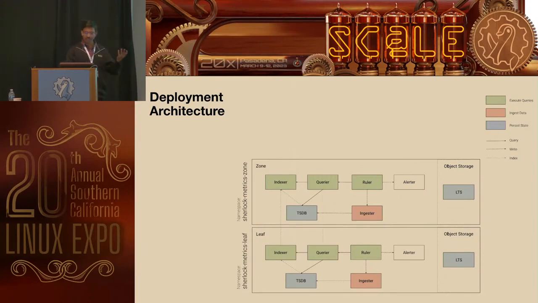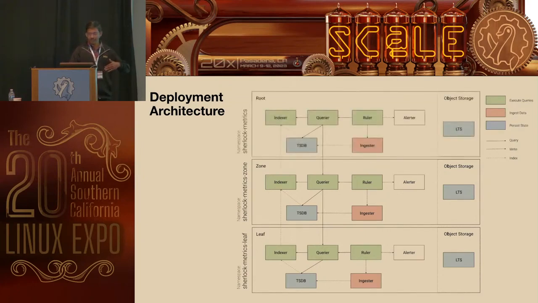Once this happens, the zone can now push down queries into the leaf. So now you can keep stacking on top of it. So this would be a root. If you want to go 4, 5, 6, 7, 8 levels, this is how you would achieve it. So a query can start from the root and then go to the zone and then go to the leaf.